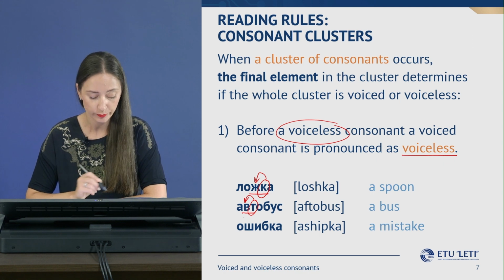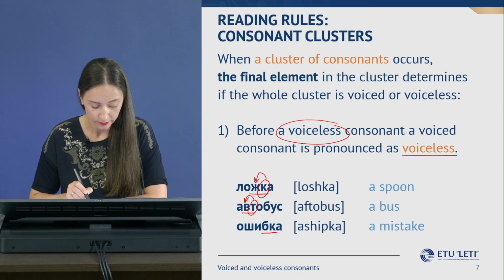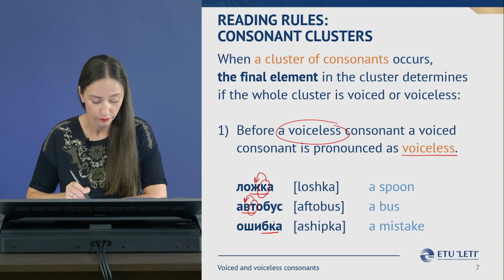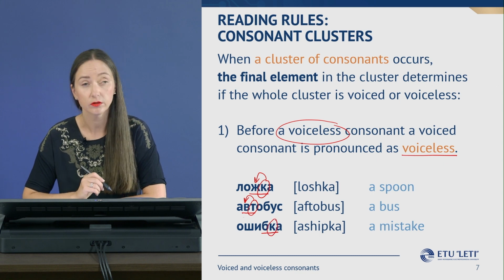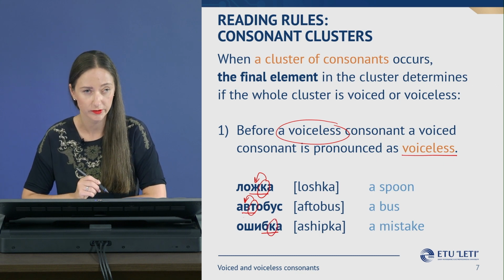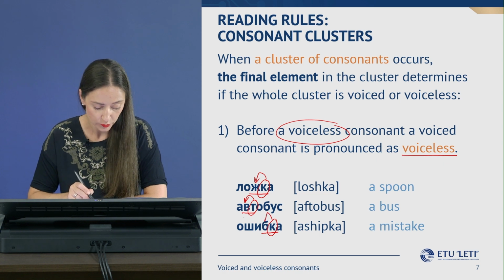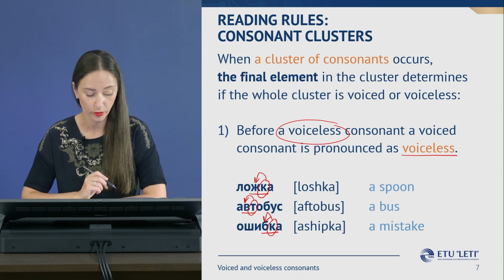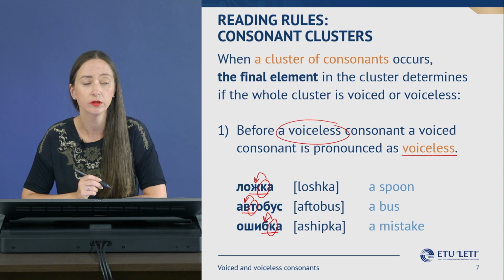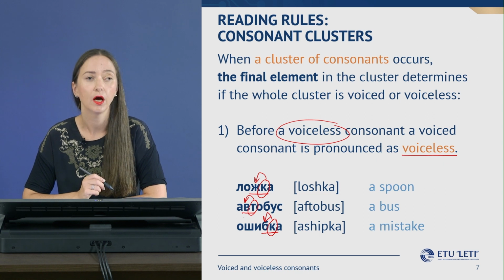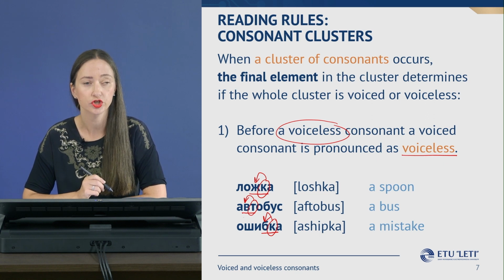Ошибка. This is our cluster. Your final letter is k. You already remember that it's voiceless. It will affect b as well. And instead of b, we say its voiceless counterpart, p. Ошибка.